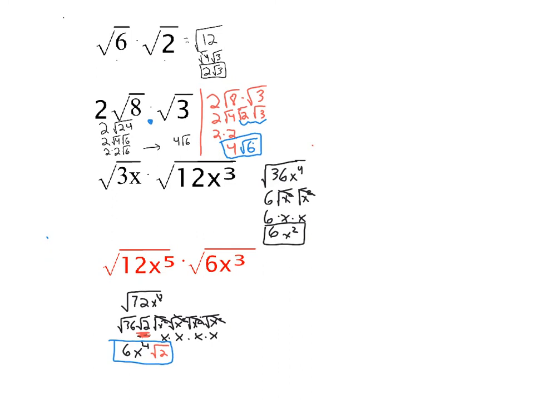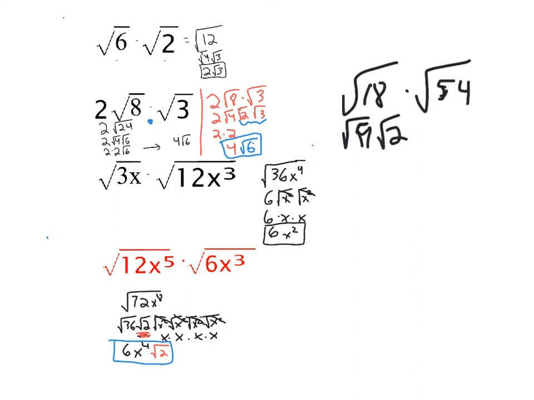So again, remember, it may be beneficial at times if you have really large numbers already before you multiply, like, square root 18 and square root 54. You may not want to multiply them together right away because you'll get a large number. If you break them up first, this is square root of 9, square root of 2, and then 54 also has a 9 in it.